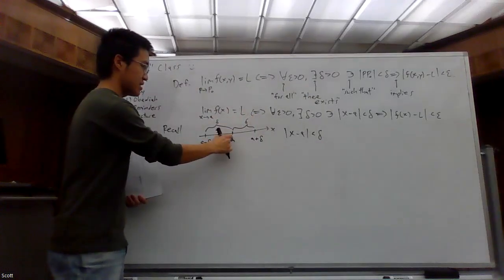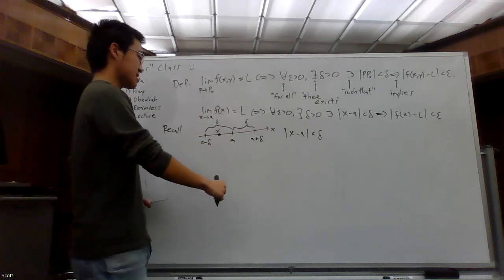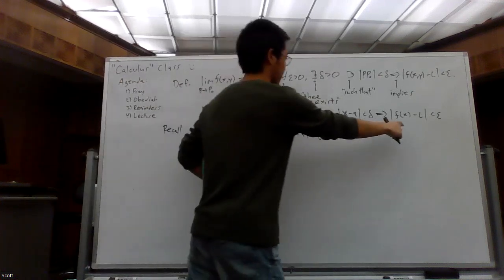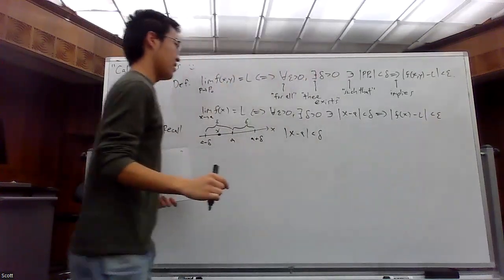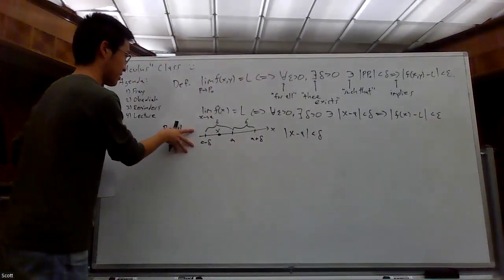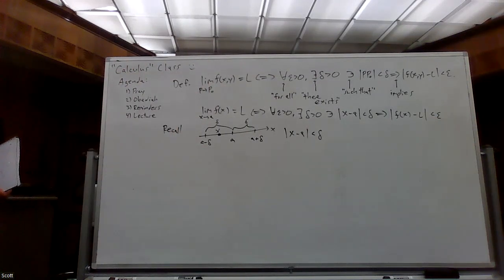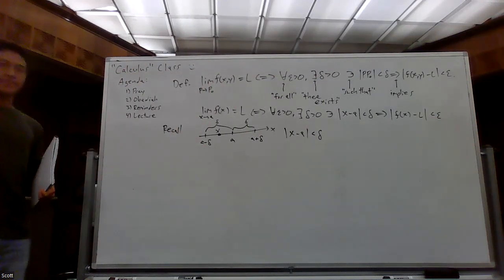So we have this distance staying less than delta, and if that's the case, then up here in the function we're staying under epsilon. But we're interested in the input space right now, because that's the main difference between the points and x minus a. Okay, thumbs up, that's good.